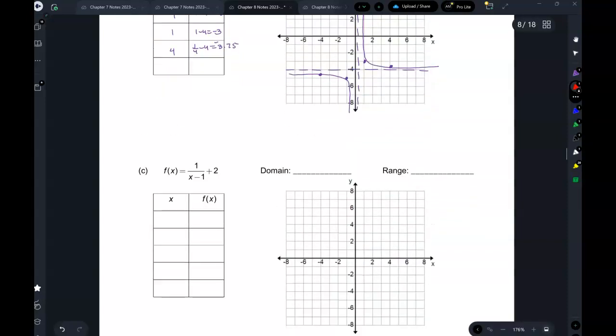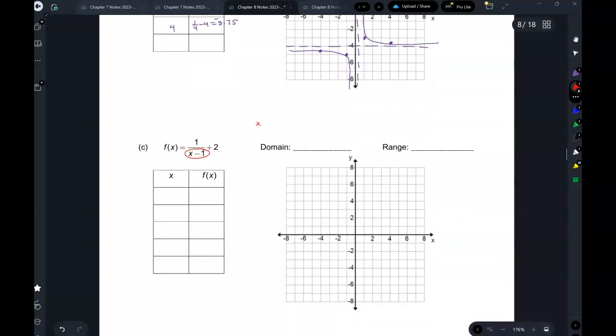You take the denominator and you set it equal to 0. And you get x equals 1. That gives you 2 pieces of information. The first piece of information is that the vertical asymptote is x equals 1. The second piece of information is that that's the point we exclude from the domain.